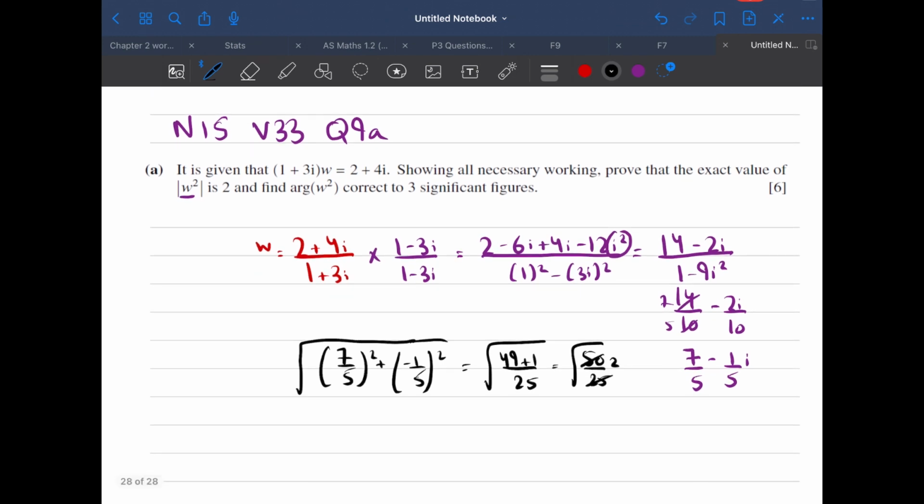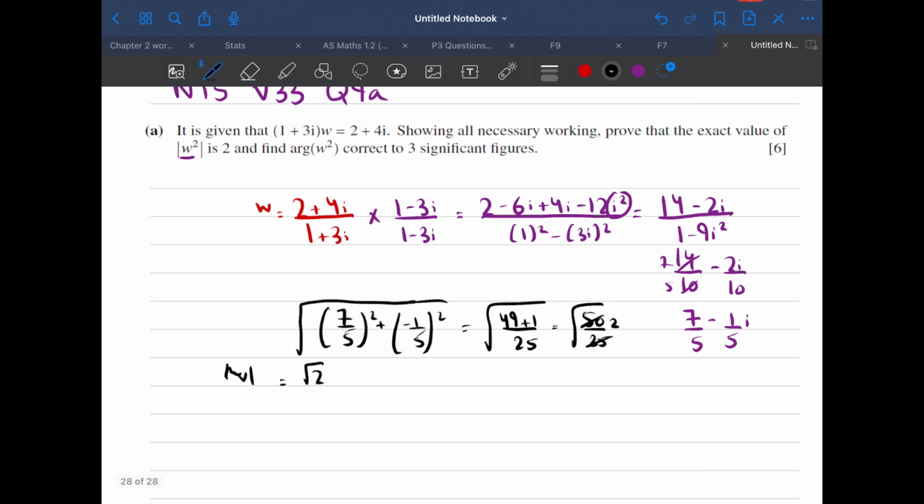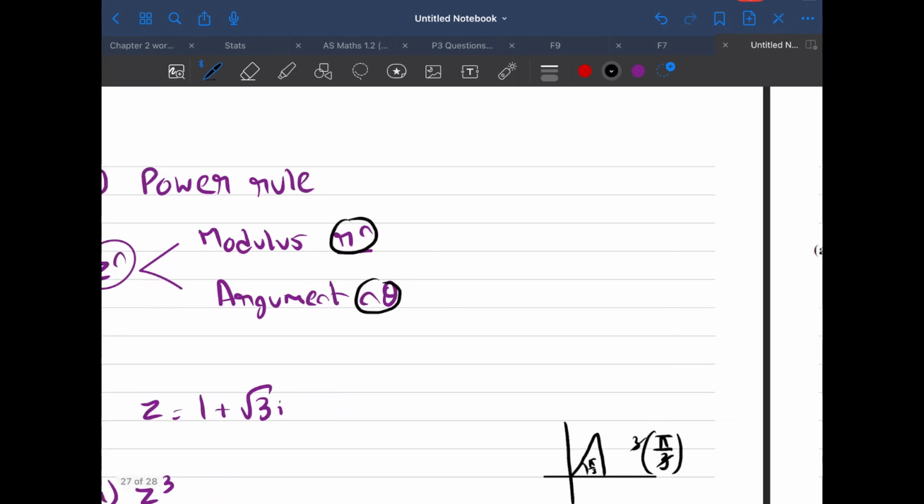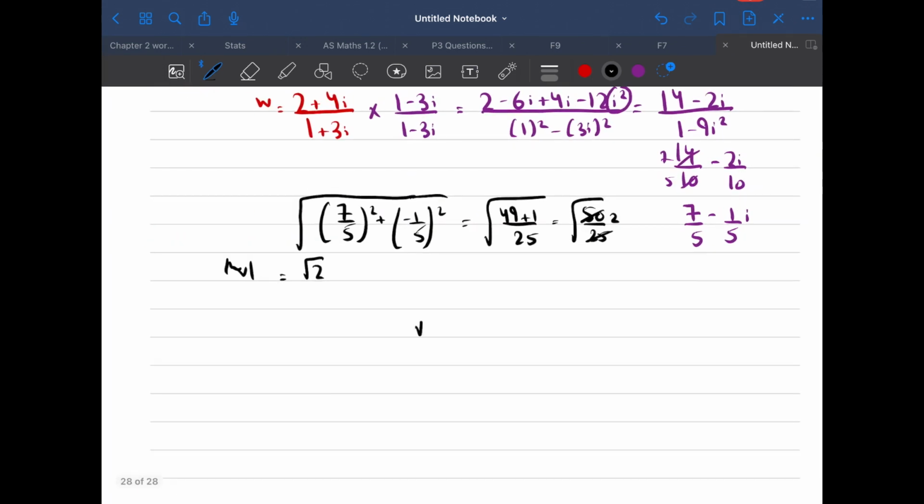This is what modulus of W is under root 2. But I'm supposed to find out the modulus of W square. So square का क्या rule है? R power n. So under root 2 power 2 becomes what? 2. That's it.